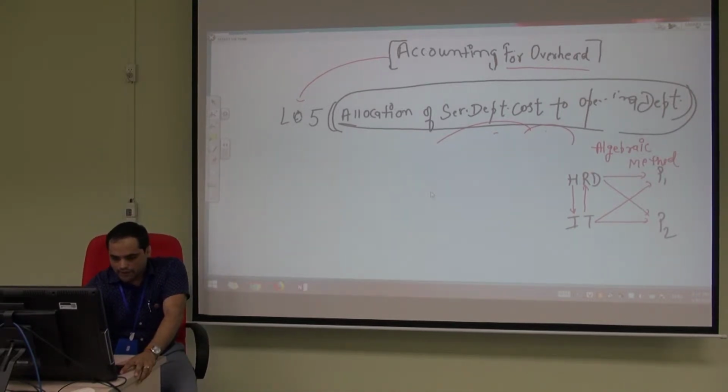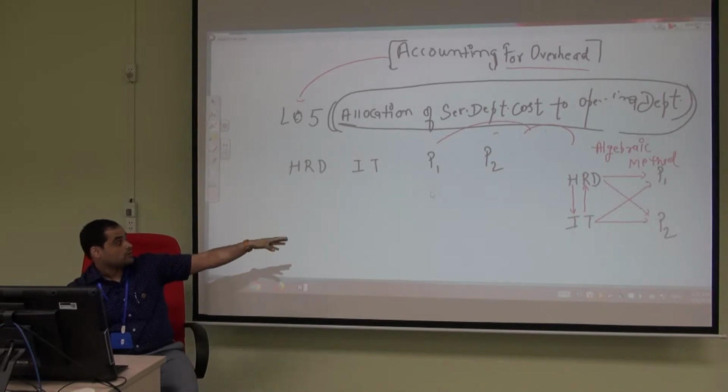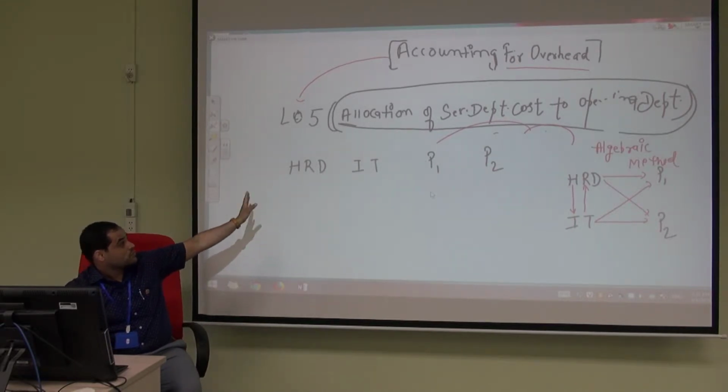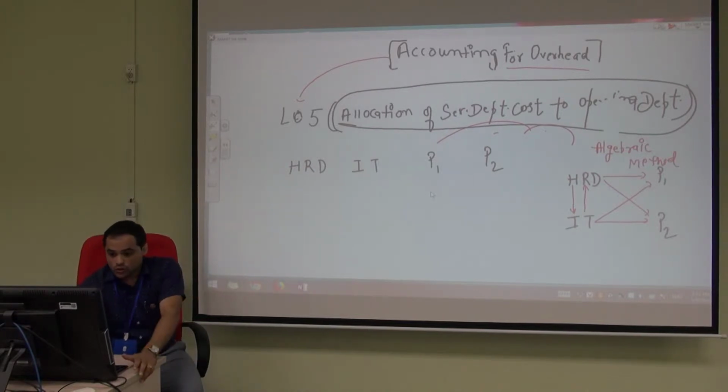So let's say you have the human resource department, the IT department, production 1 and production 2. The human resource department provides services to all these three departments: IT, P1, P2. And IT also provides services to the other three departments, which are HRD, P1 and P2.